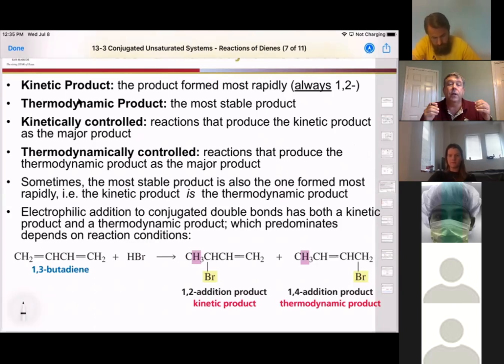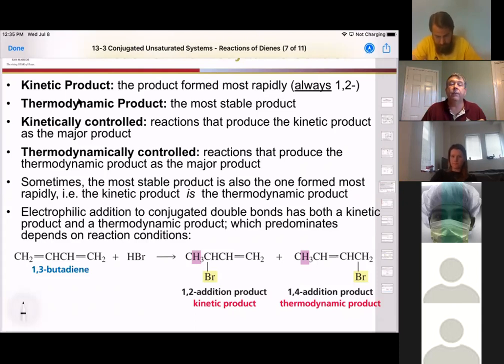The kinetic product is the product that forms first. This is always the 1,2, and I'll explain why in a couple slides. The thermodynamic product is the one that makes the most stable final product, so we have to think about what makes the product more stable. If we have a kinetically controlled reaction, that means the kinetic product is the major product because we're controlled by speed.